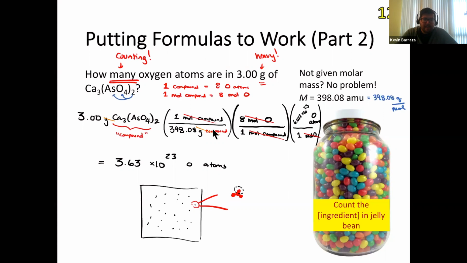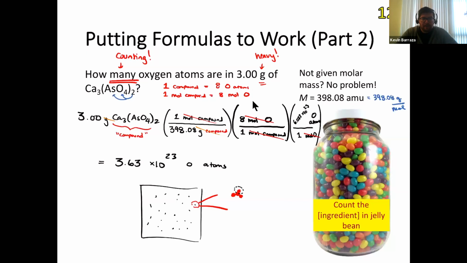So it's after the first parentheses. So what we did is we chose to use the second definition of the formula, 1 mole equals 8 moles of oxygen. We could have actually used the first one, but it requires changing the order in which we multiplied the numbers. So if we did it using the second one, we would need to cancel out one compound.